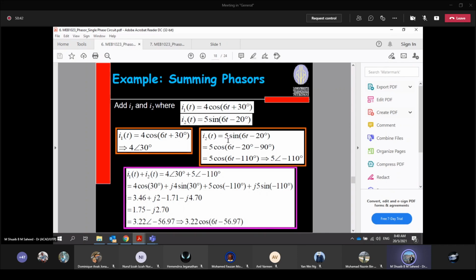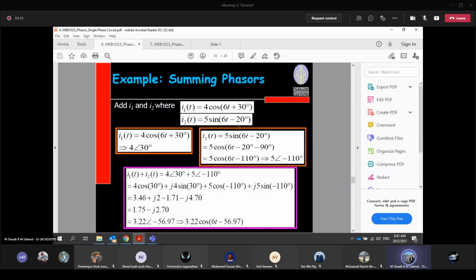So to change positive sine to cos, you minus 90 degree. Now you will have 5 cos(60t minus 110 degree). Now you can represent it in the phasor form. Take the amplitude, take the phase angle: 5, negative 110.